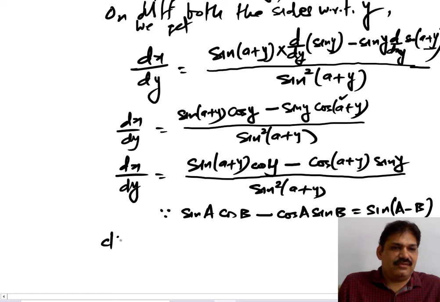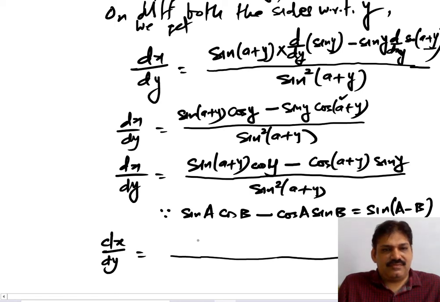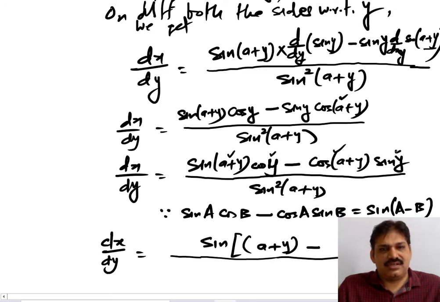So our derivative of x with respect to y becomes sin of a minus b, where a here is a + y, and b is y.